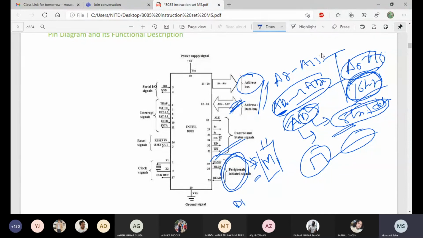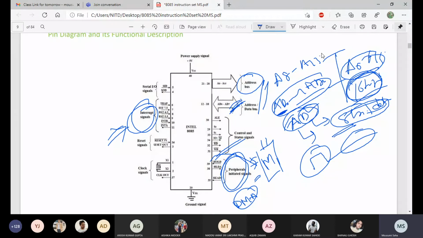But here you can see the interrupt control signals, and these control signals are required to design different types of systems. If you want to design a big system with many input output devices, you have to incorporate them into your system, and at that moment you have to handle these interrupt control signals. With the help of that you can design it.